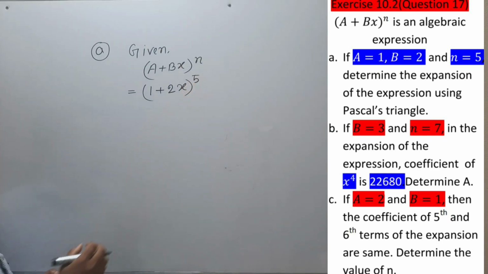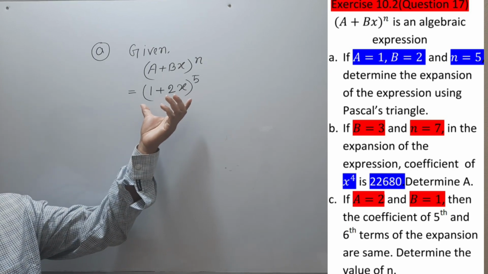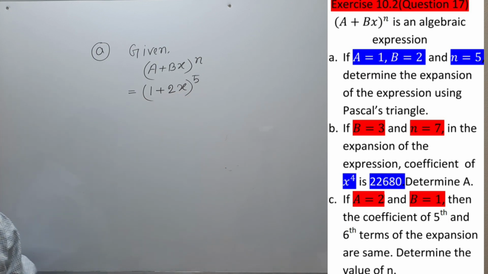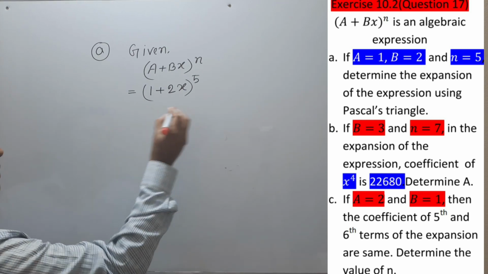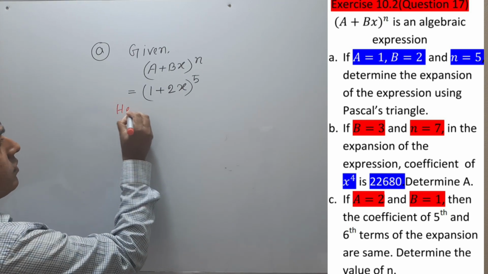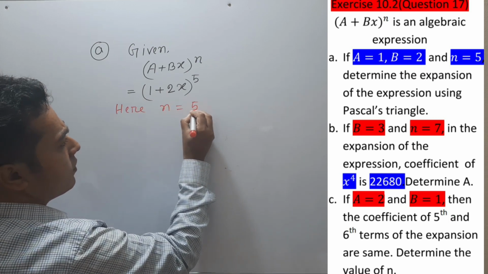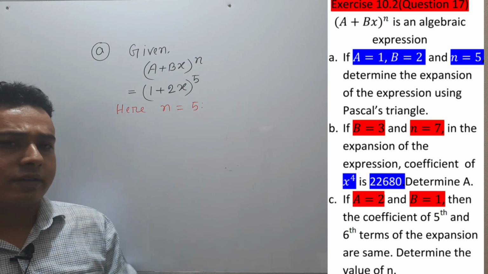So this is the new binomial term, and we have to expand this binomial term by using Pascal triangle. Here n is equal to 5. For n is equal to 5 we have to draw the Pascal triangle.